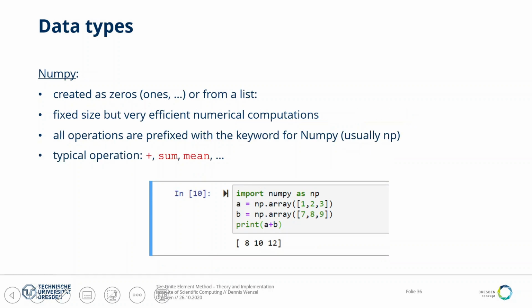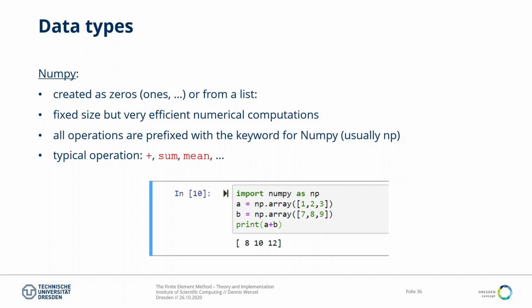The next important data type that we need here are arrays, more precisely NumPy arrays. An array is more or less the opposite thing in terms of usability of a list, because in a NumPy array you always fix the size. So you automatically have to say that my NumPy array has a fixed size by creating it from a list of a fixed size or by creating it as zeros of one particular size.